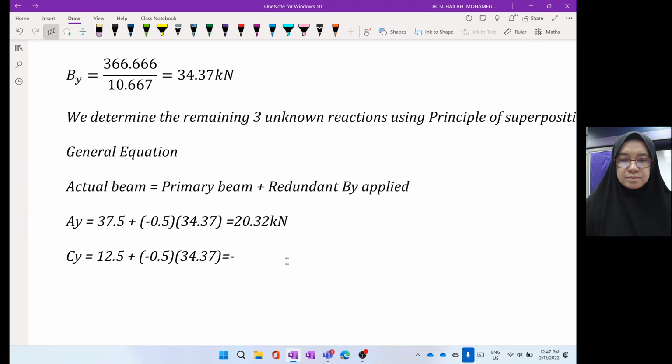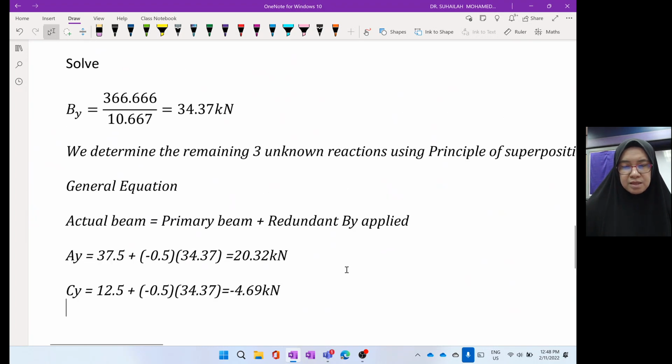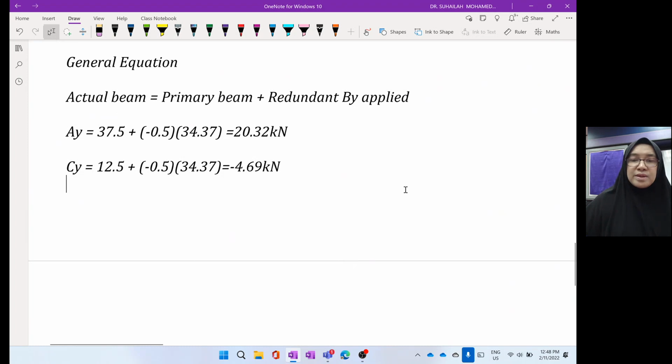Negatif 4.68, 4.685, 4.69. Okay? Negatif. Now, we can check using equilibrium equation.